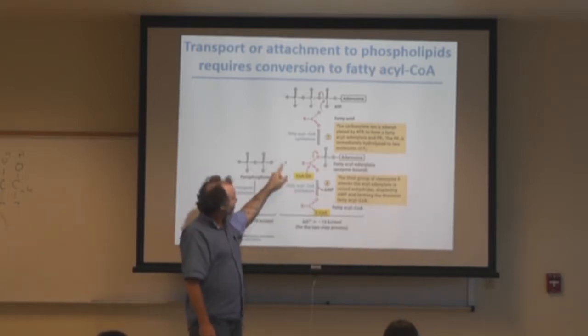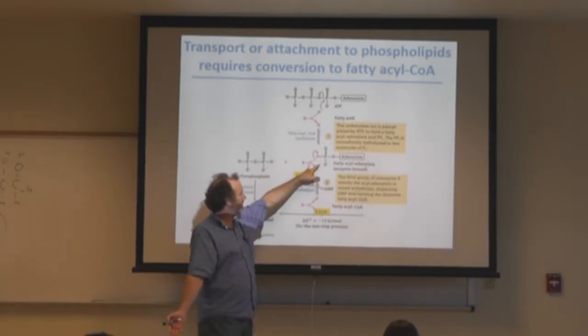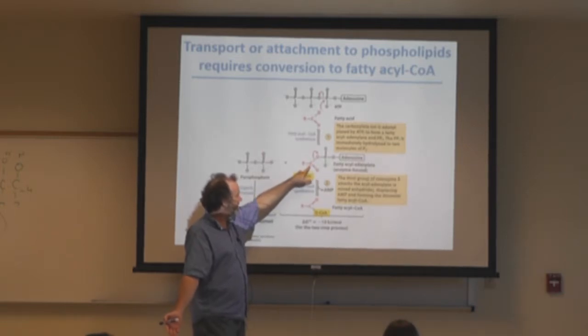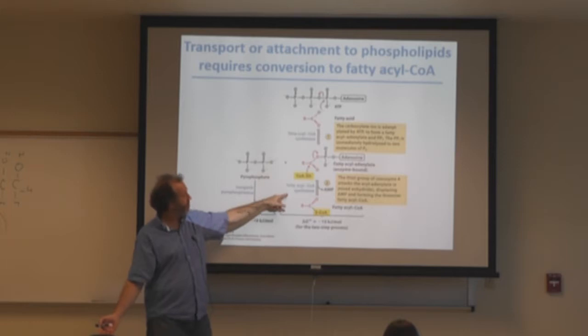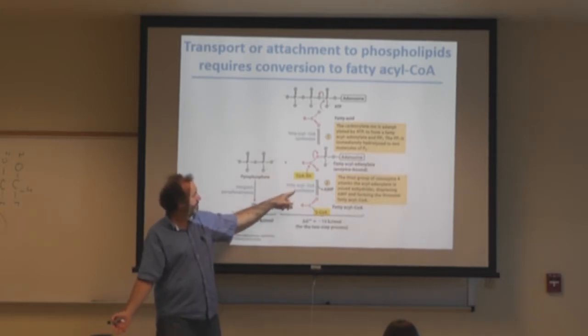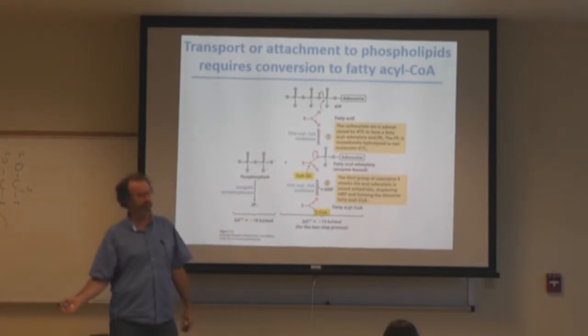Okay, so coenzyme A will attack that fatty acyl adenylate, and then you'll end up with the acyl-CoA. That's done by fatty acyl-CoA synthetase, and you get AMP released as a product.